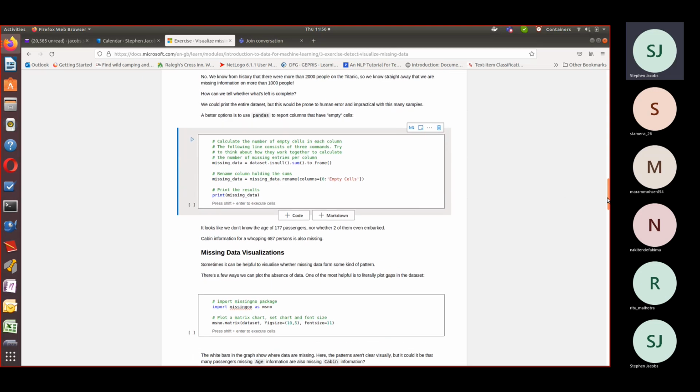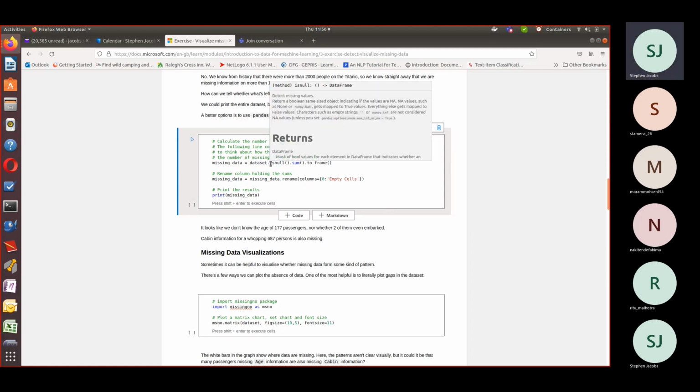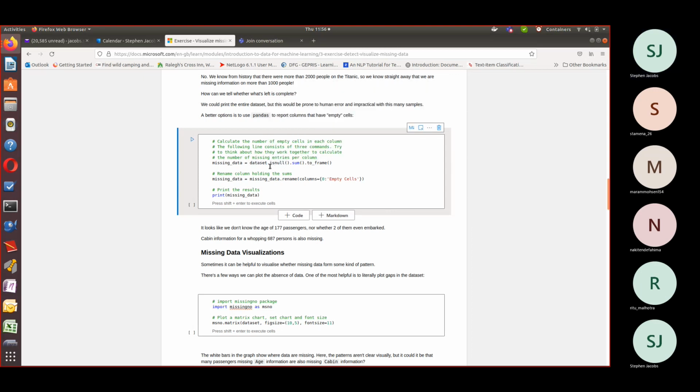Pandas is a very powerful array manipulation module or library. And here, using the isNull function, and then adding them all together in that data frame, we get our missing data. And we can rename a column heading here of empty cells, so we get extra information.